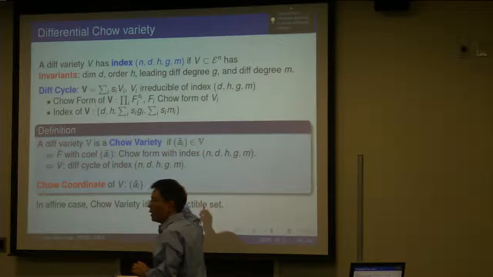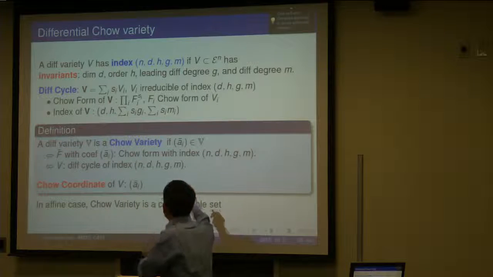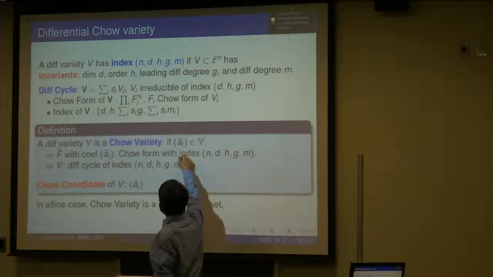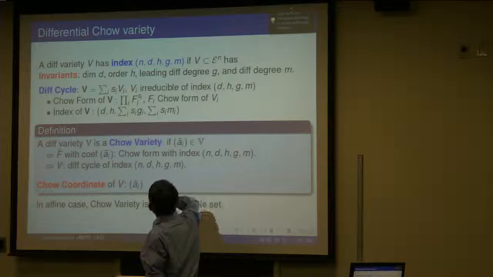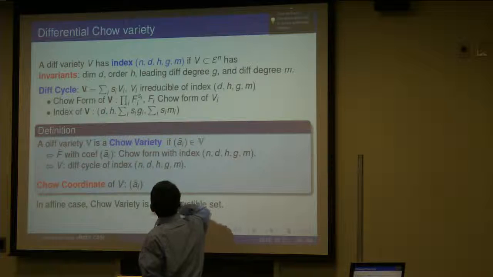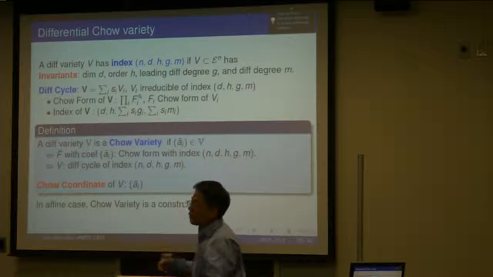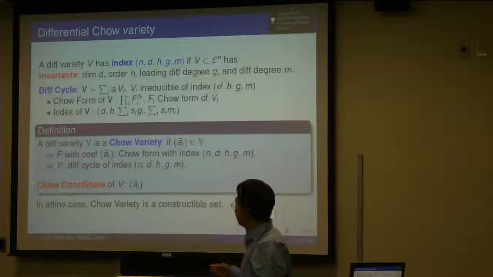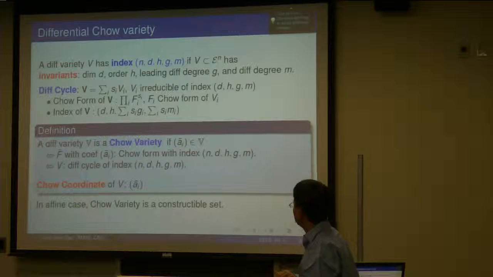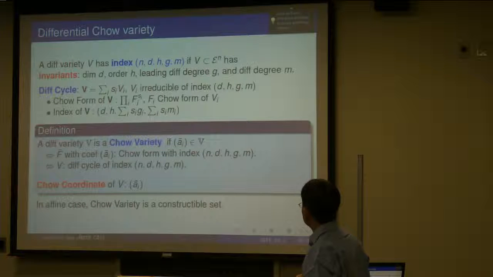If it's the notation, any point. If A bar is in V, we denote points in the boldface V by Ai bar. If any point of V corresponds to a Chow form, then any Ai and B is equivalent to knowing there is a Chow form.